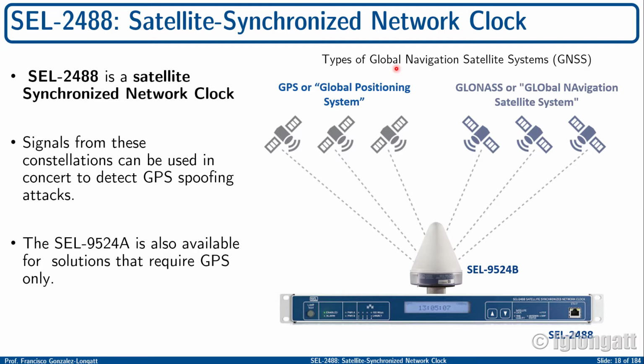There are others, for instance, GLONASS. In this case, the SEL clock, the 2488, has the possibility of using at least both of them in order to define the proper timestamp that you require in your control and protection system inside power systems, okay?